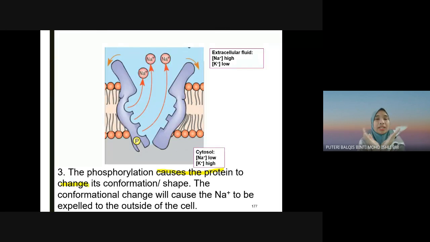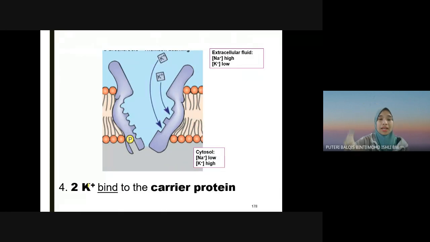Bila open keluar, so what happens is 3 sodium ions will be expelled out of the cell, outside the cell. Once 3 sodium ions are expelled out of the cell, 2K plus will bind to the carrier protein. Okay, 3 sodium dah keluar, 2K plus masuk.